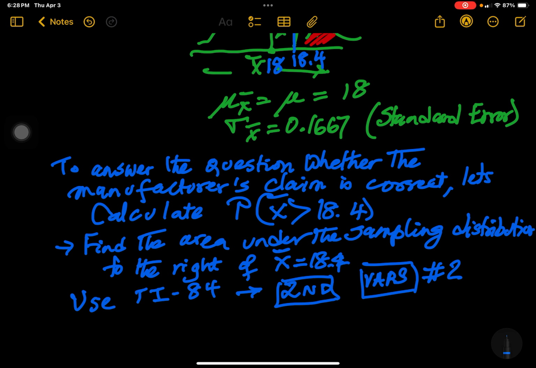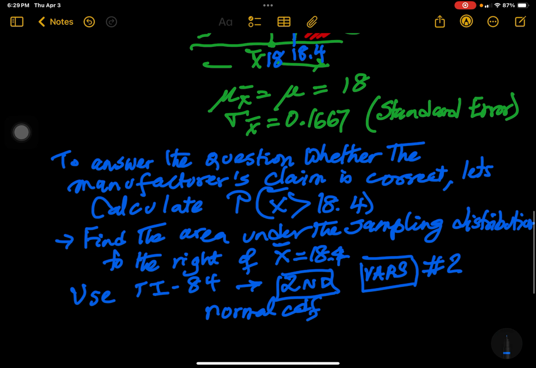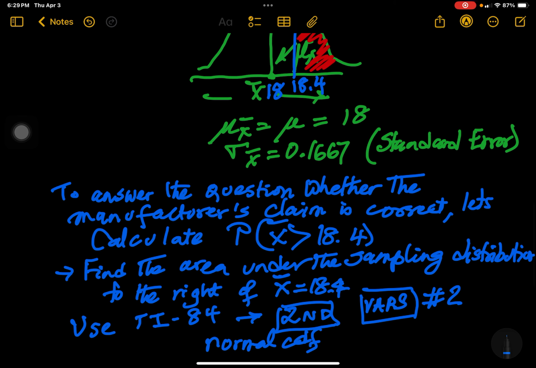This is normal CDF. Second button, and then VARS button, and then number 2 is the normal CDF. Now we are going to start our calculation from 18.4.